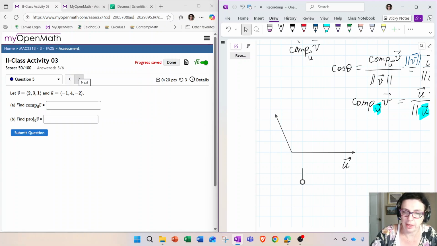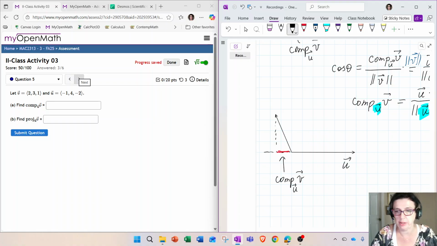Then you drop a perpendicular not on u, but continue drawing the line that u is on, in the opposite direction, and you drop the perpendicular right here. The component is this part, and that will be negative. So if you have an obtuse angle, the dot product is negative, and so is the component.